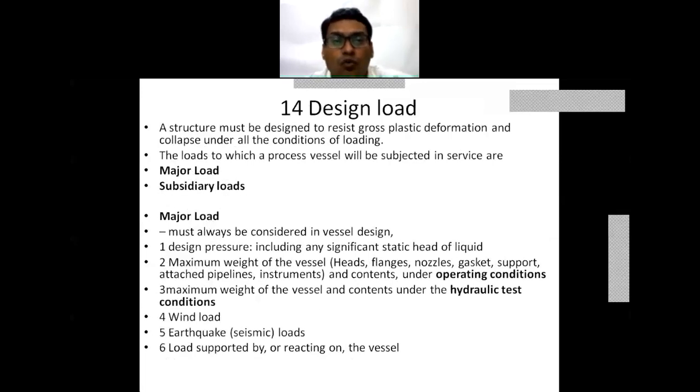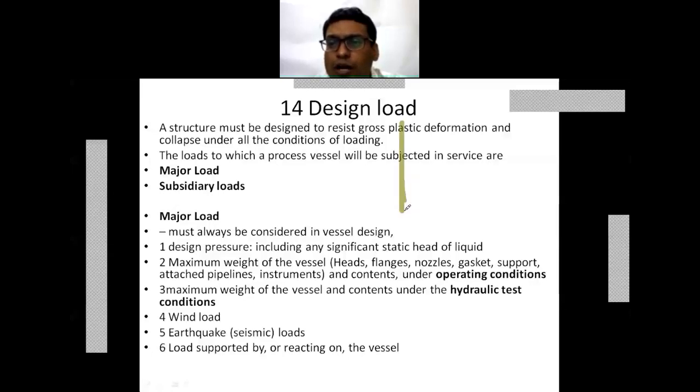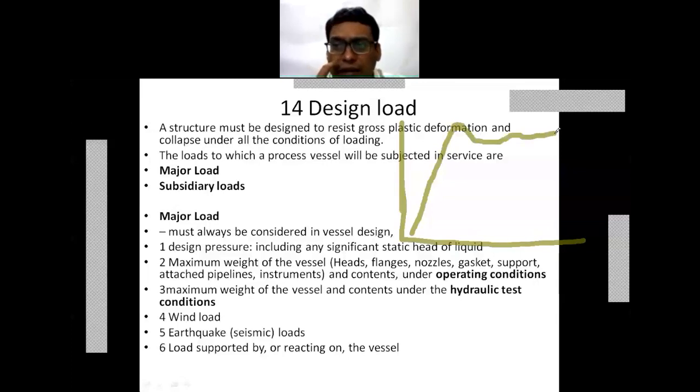Then the design load, which is the most important part. The structure must be designed to resist gross plastic deformation. Here one has to remember the basic stress versus strain graph, which is needed to understand all these parameters. Stress is directly proportional to the strain. Then it reaches a maximum value, then it comes back and then it will break after some time.